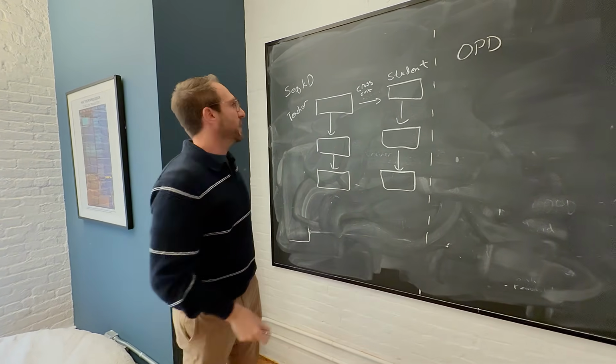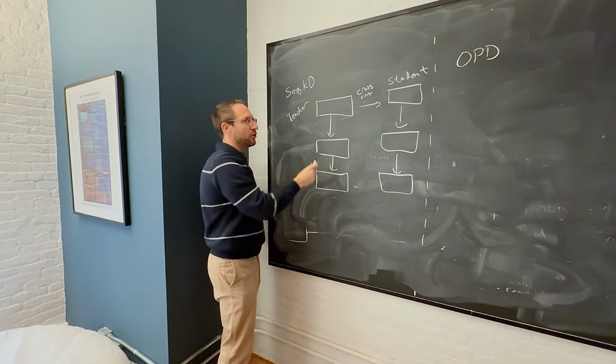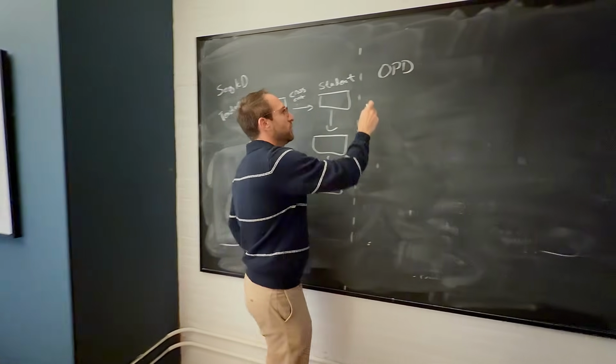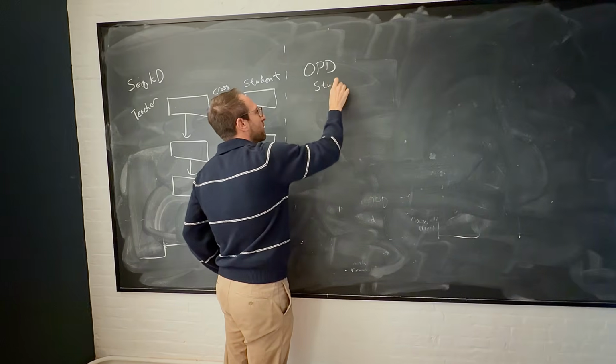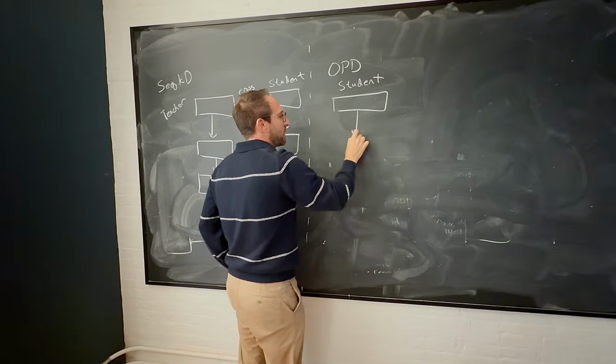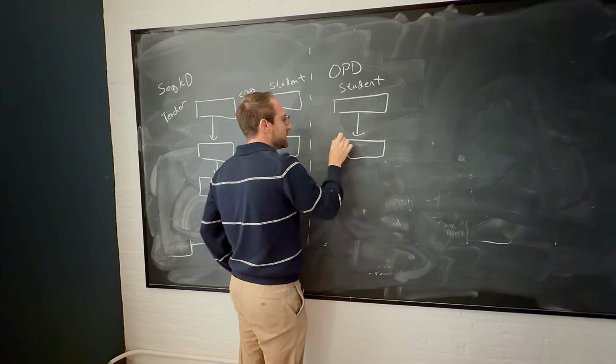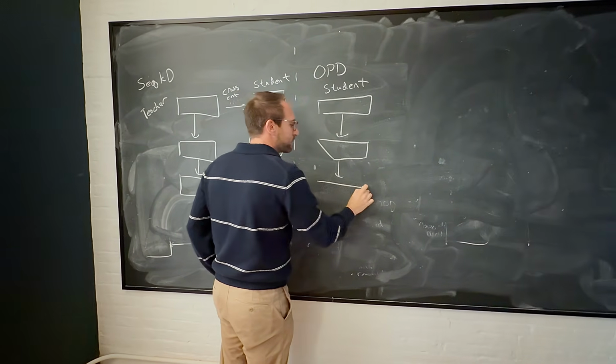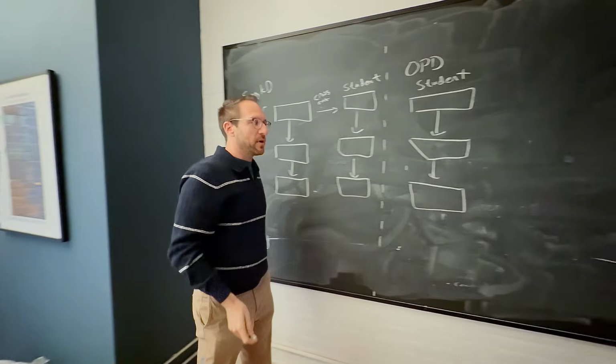The way it's going to work is that instead of producing the output from the teacher, you're going to have the student produce the output. So we'll have the student here, and it's going to produce a sequence. Now the sequence might be a series of tool calls, like how you might solve a coding problem.